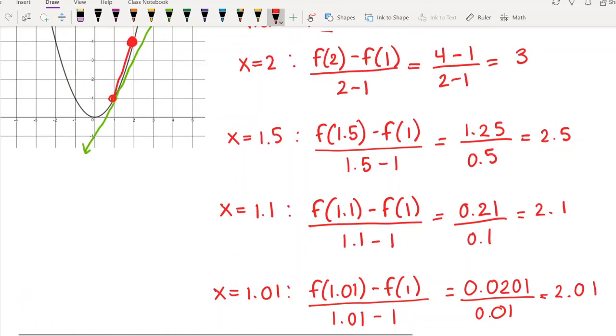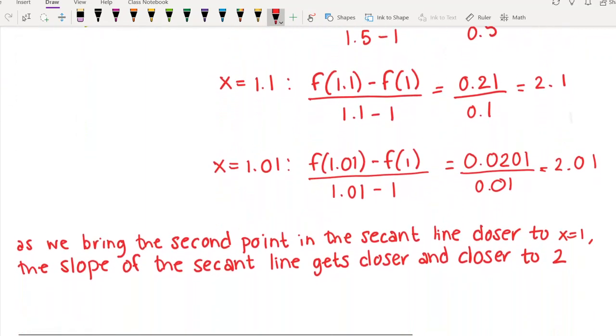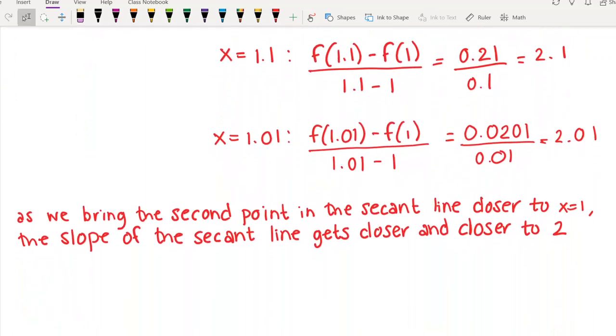We had 3, then we had 2.5, then we had 2.1, then we had 2.01, and that trend is going to continue. And so what that tells us is that we can basically kind of guess from this, and then later on, this is just true.